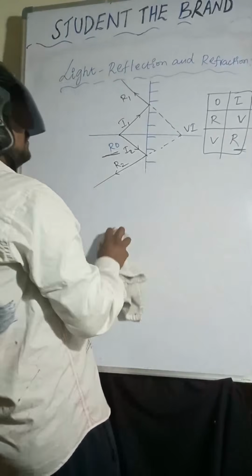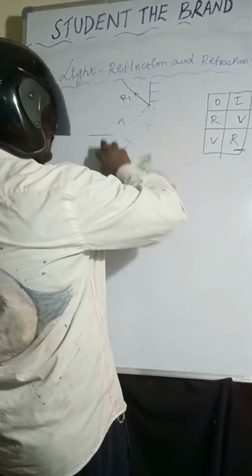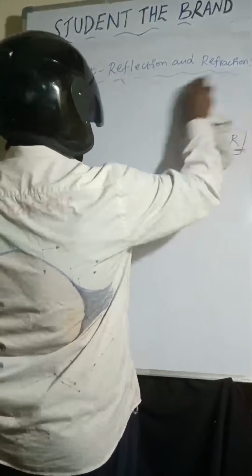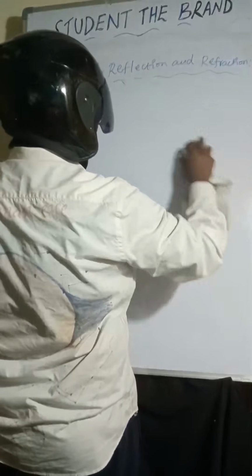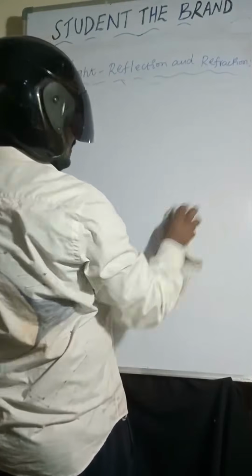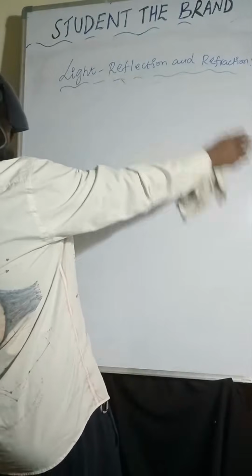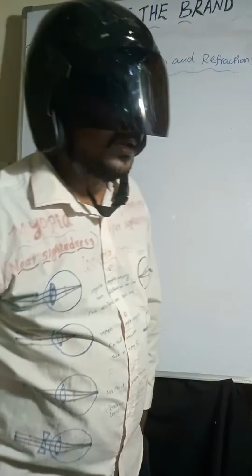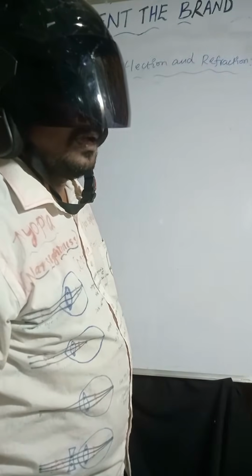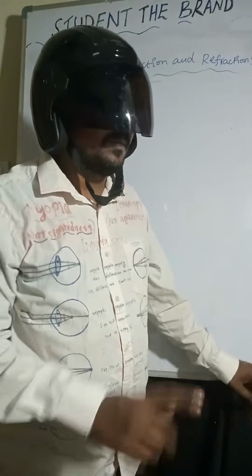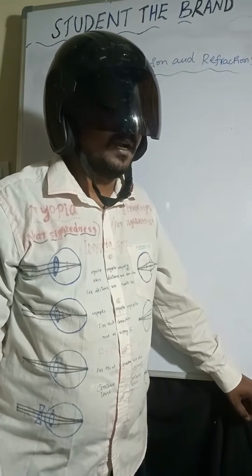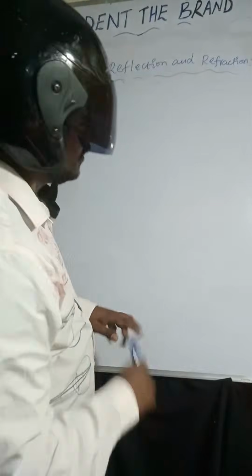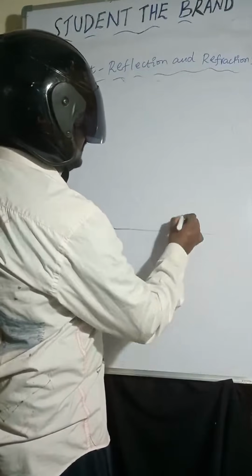Light ray is moving from denser to rarer medium. In the rarer medium, if the angle is more than the critical angle, then, once again listen carefully, total internal reflection. You asked about total internal reflection, right? The light ray is moving from the denser medium to the rarer medium.